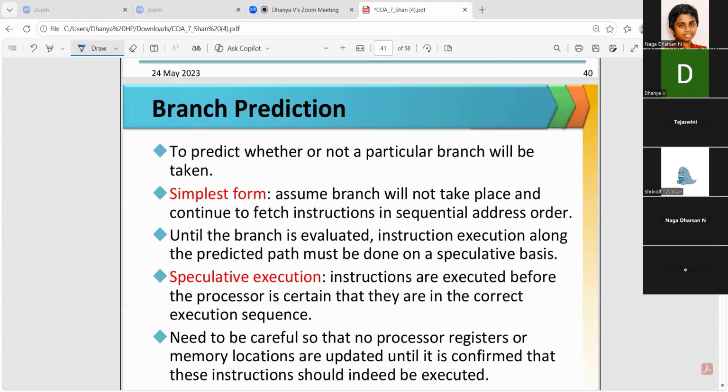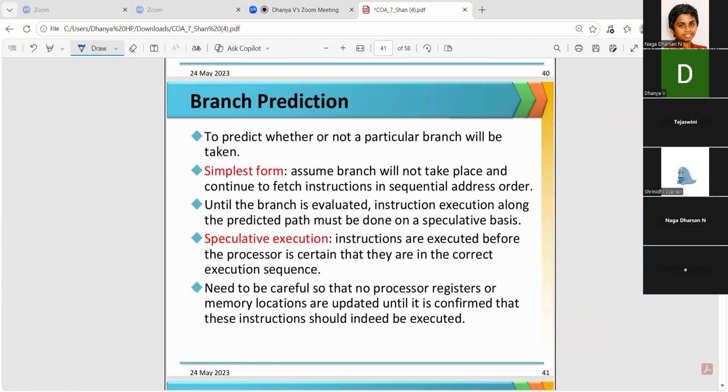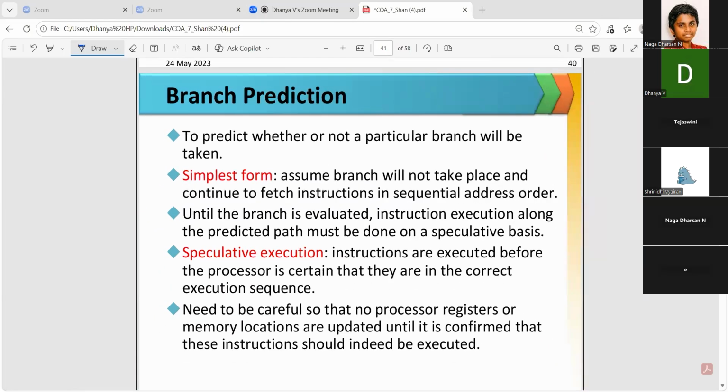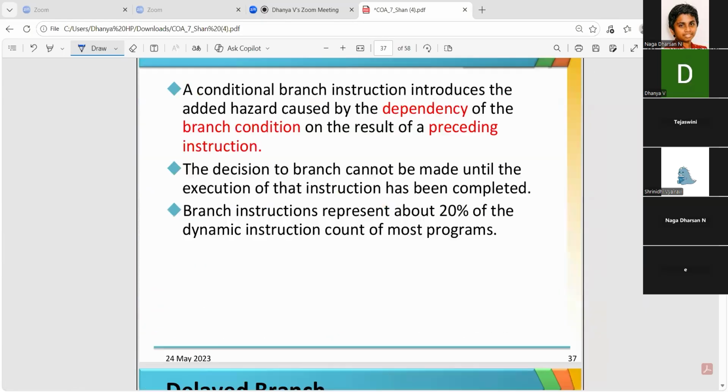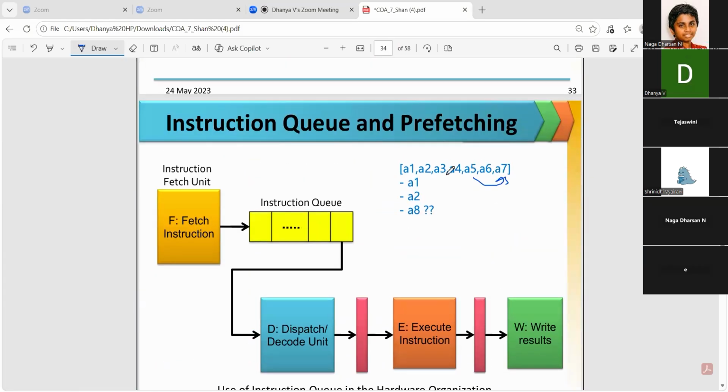Then there's something called branch prediction. Essentially this is the concept of randomization, like I told you in the cache example that I explained. The randomization technique computers use nowadays is, let's say, the first branch will be taken, the second branch will not be taken, the third branch will be taken, and the fourth will not be taken.